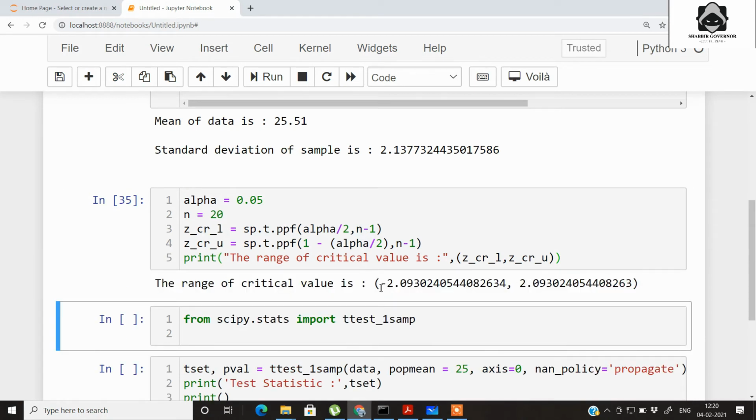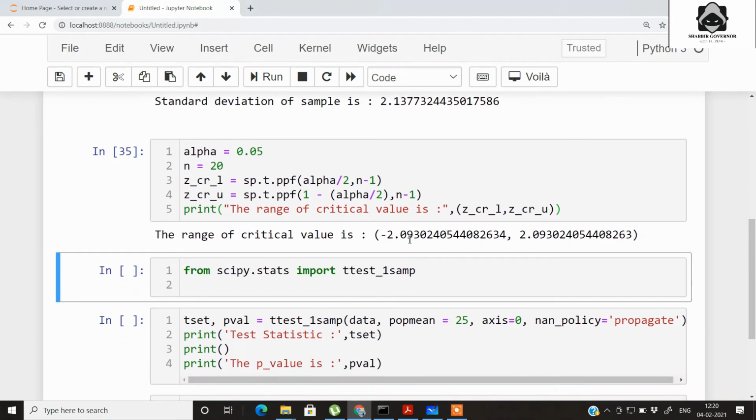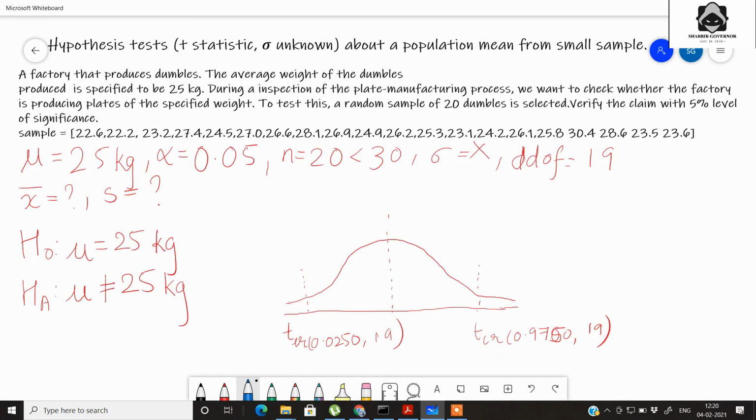We get that the critical range is minus 2.09 and plus 2.09. Since the alternate hypothesis is on both sides, these parts are the critical region.